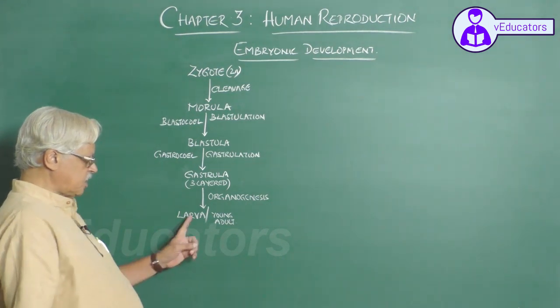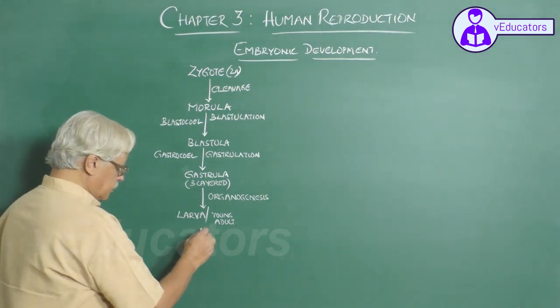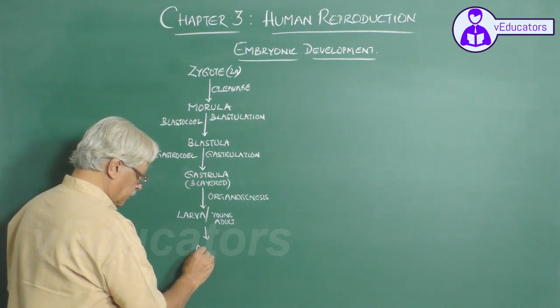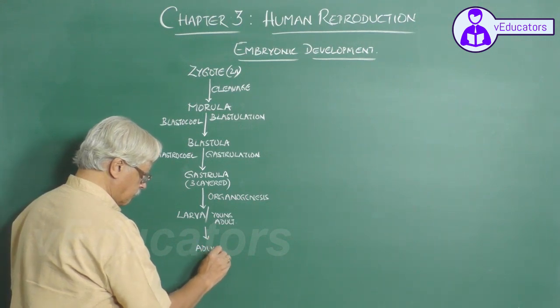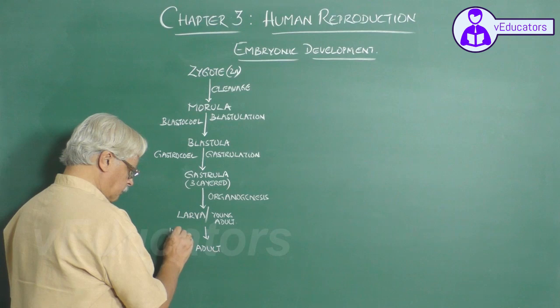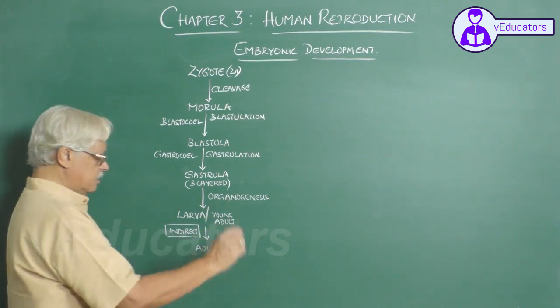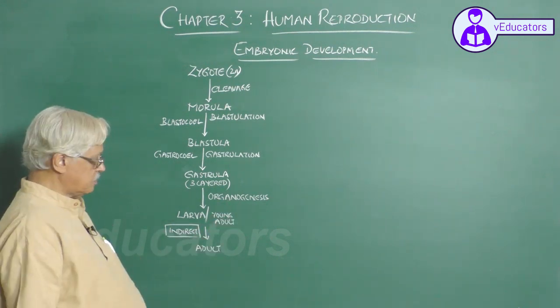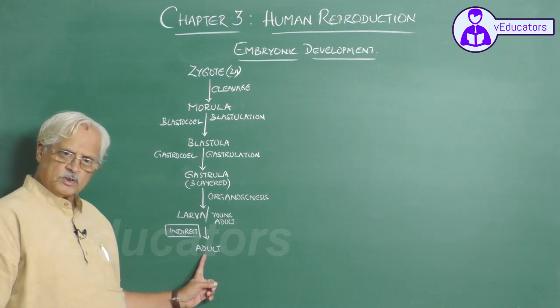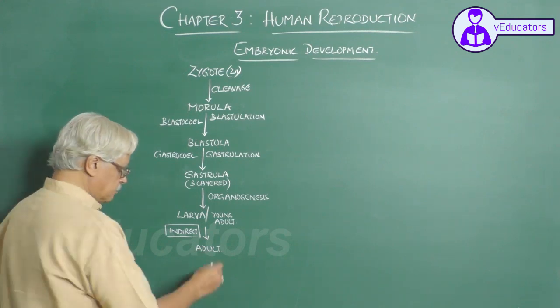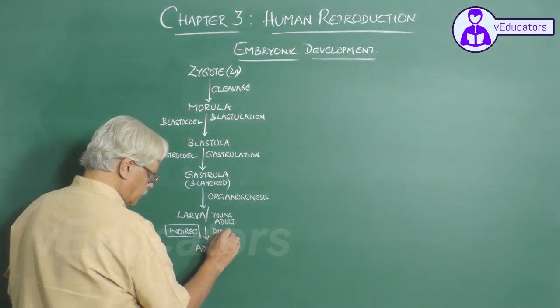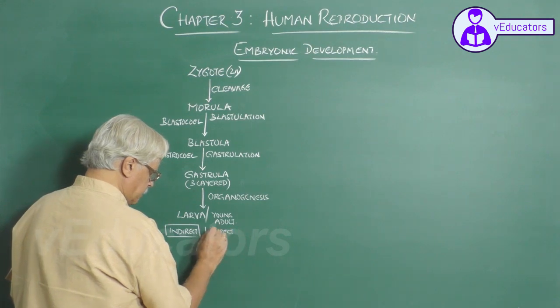Wherever there is a larval stage, the larva then grows into the adult, and this is called indirect development. Wherever there is no larval stage, the young adult grows into the adult organism, and this is called direct development.